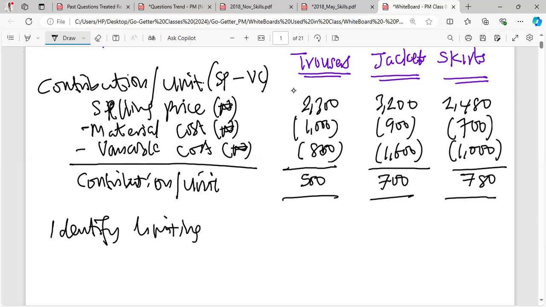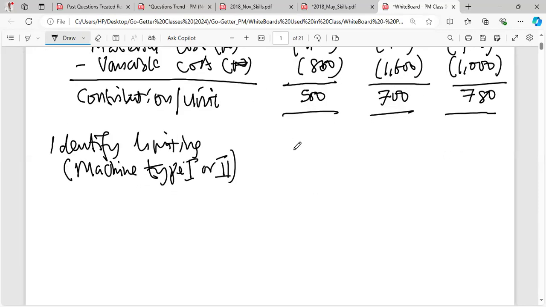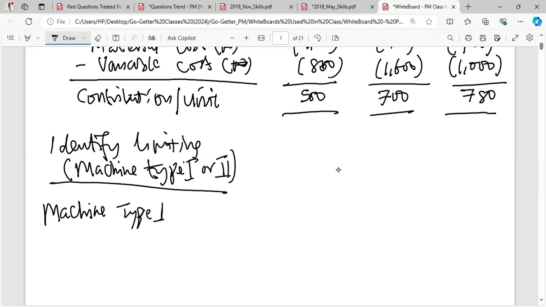I will now say machine type 1 or 2. We don't know which. So we'll test them now. Now this is machine type 1. So let's test machine type 1.